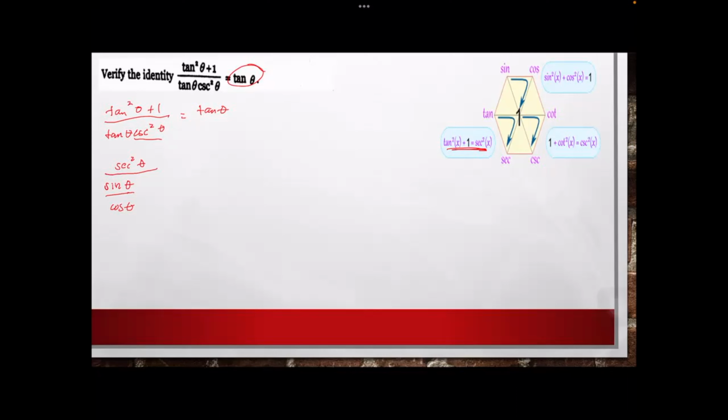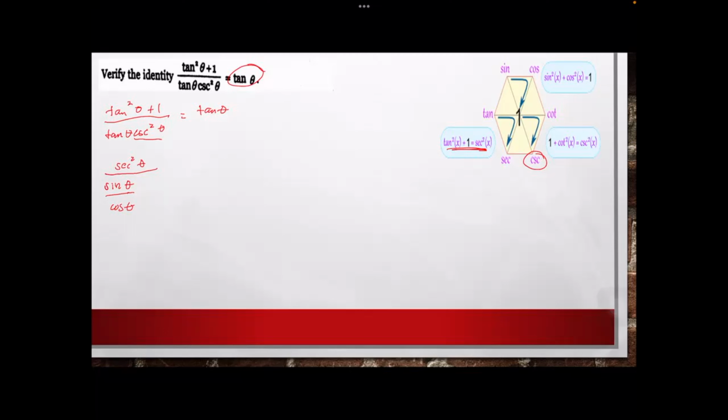Yes, Johan, what is the reciprocal of cosine? 1 over secant po. Cosine. Sir, cosecant. Kabaliktaran po ng cosecant ay 1 over sine po.